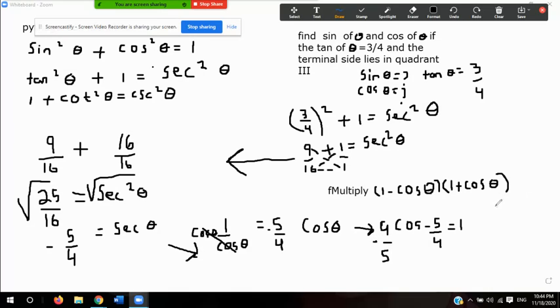I'm also going to multiply by negative 4 over 5 here, and this cancels out. And that would be the cosine of theta equals negative 4/5.